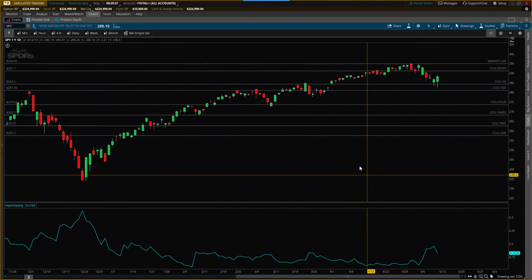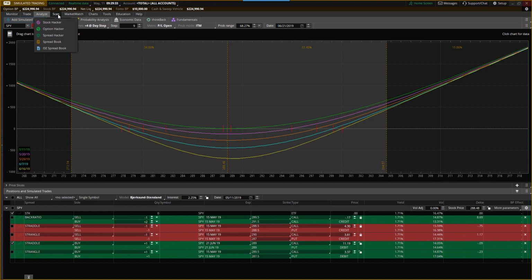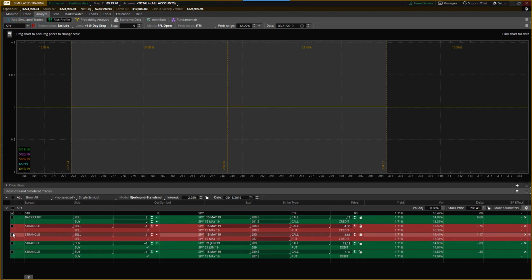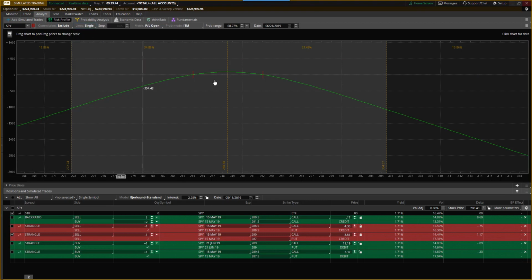So putting on a trade like the strangle or the straddle in heightened volatility, that would be a great thing to do if you're the one buying it. But you wouldn't want to be the one selling it right now.